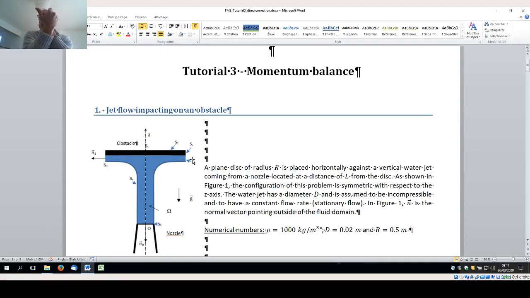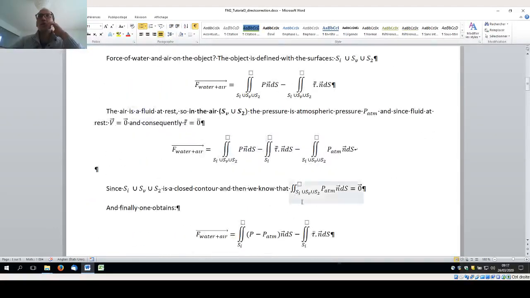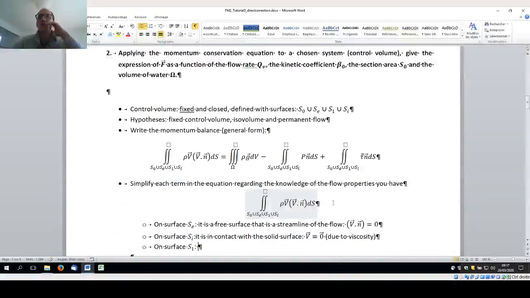So due to the axisymmetry of the problem, the velocity scalar the normal will be the same for any point on the outlet surface, and the velocity here is perfectly axisymmetric.